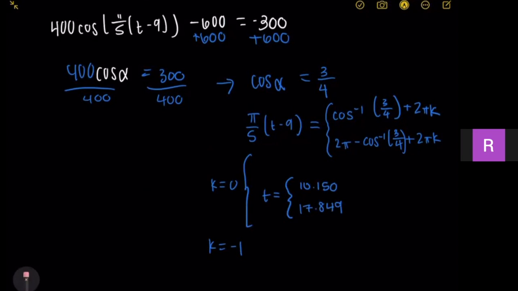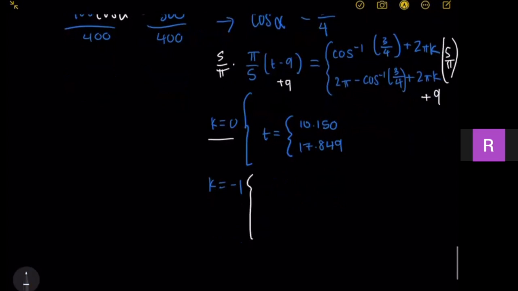Because if we solve, we multiply both sides by 5 over pi, and then we'll add 9 to both sides after we do that. And that will bring us here. Once we plug in k equals 0, we'll get these two values.